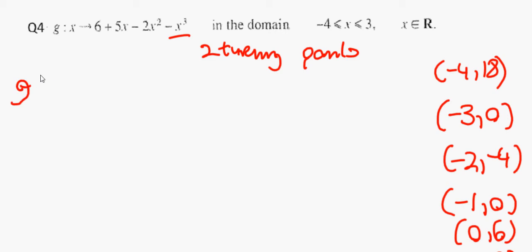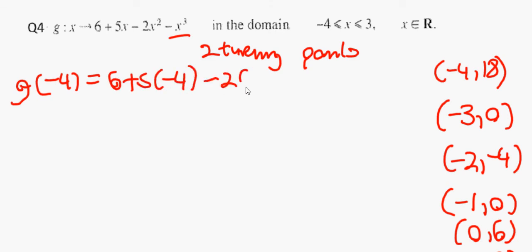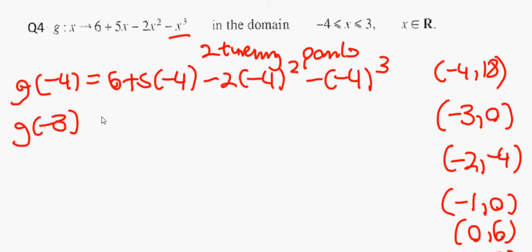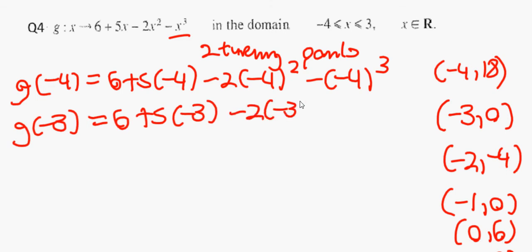Start off with G of minus 4. G of minus 4 equals 6 plus 5 bracket minus 4 minus 2 bracket minus 4 squared minus bracket minus 4 cubed. Next one's G of minus 3: 6 plus 5 bracket minus 3 minus 2 bracket minus 3 squared minus bracket minus 3 cubed.